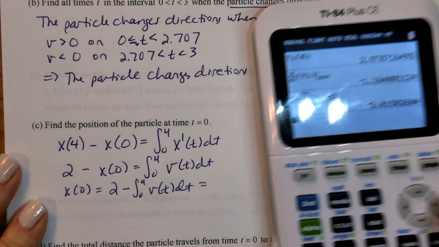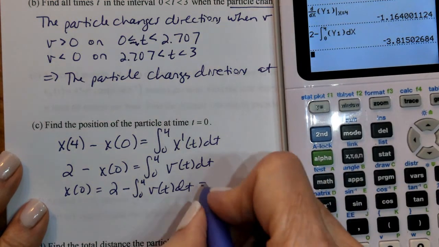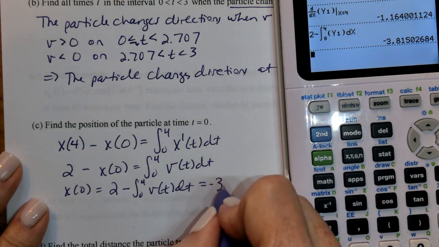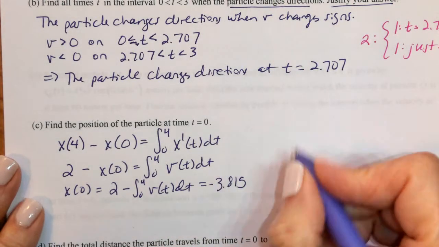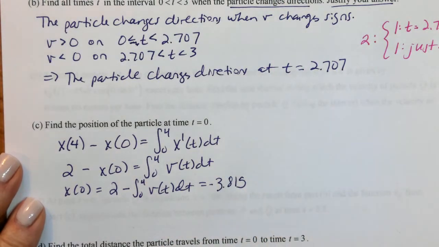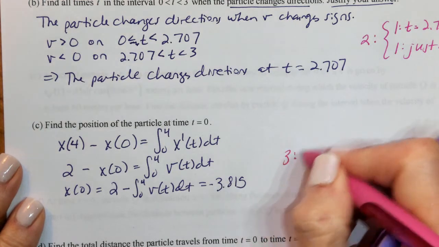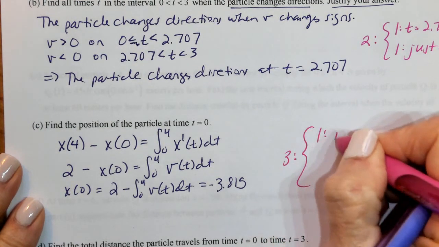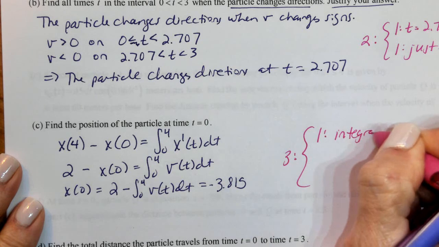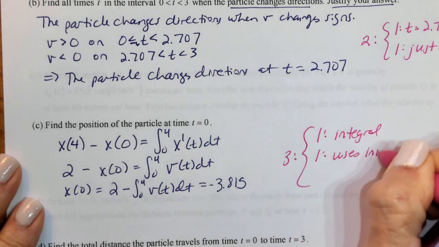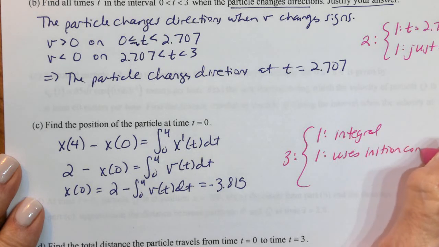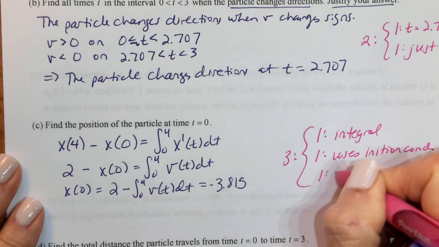That's why it was so handy to have our velocity function in there in our calculator. So negative 3.815, and that was worth 3 points. 1 point for the integral, 1 point for uses initial condition, and 1 point for our answer.